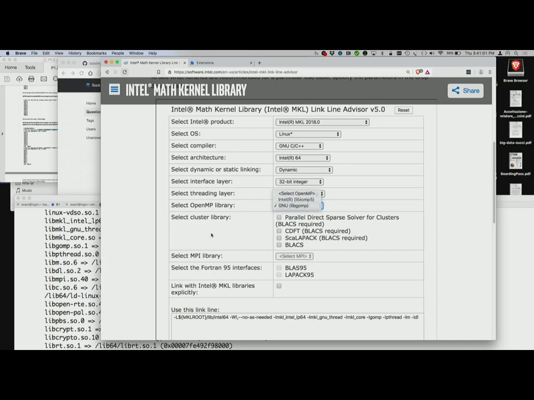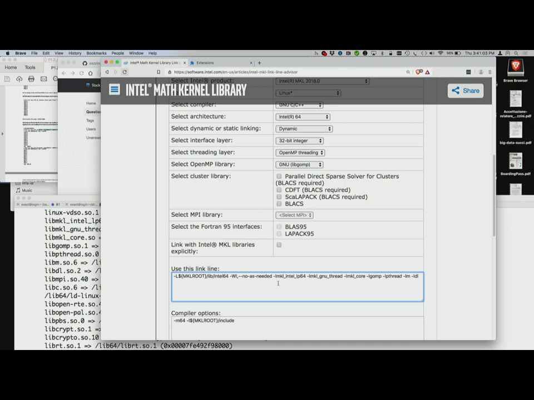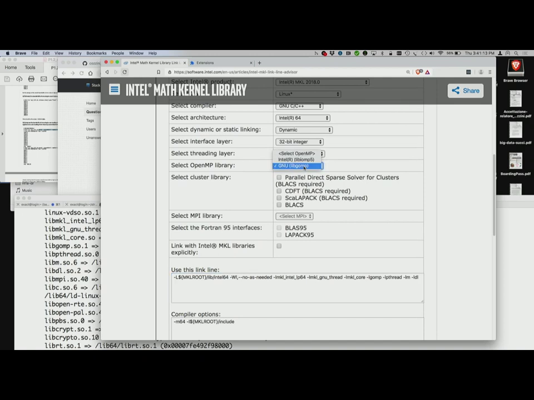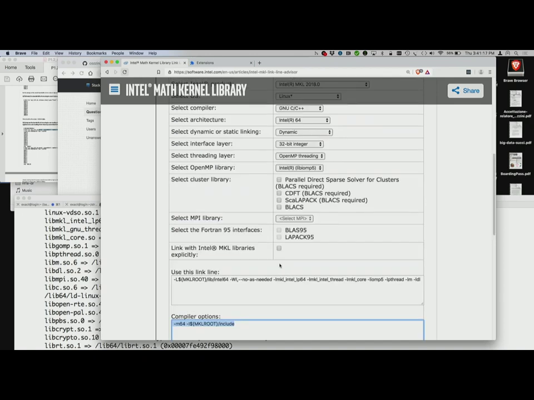The resulting command line was this one, and you see that I have here GOMP and MKL GNU threads. If I had to choose the Intel one, I should have this MKL Intel threads and then OMP5, that is the OpenMP library coming with Intel.